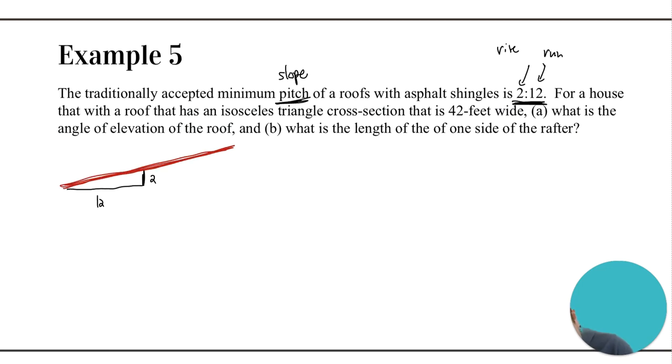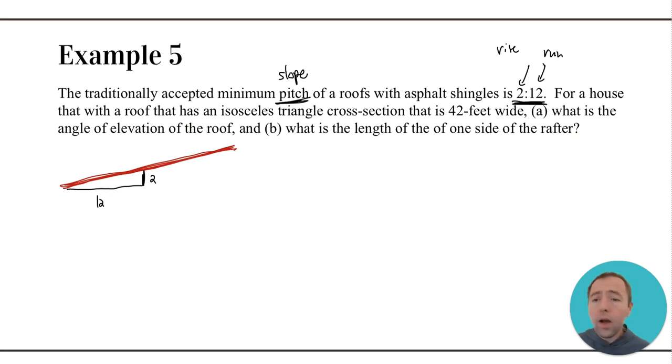So this red slanted portion would be the minimum pitch of your roof, meaning that if that's the minimum, the pitch has to be higher, so steeper, because you want your snow and rain to fall off the roof. Otherwise if it builds up, your roof is going to collapse from all that heavy weight on it, right?